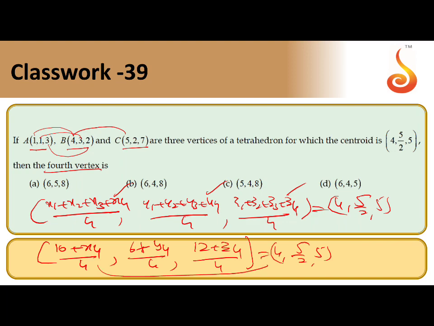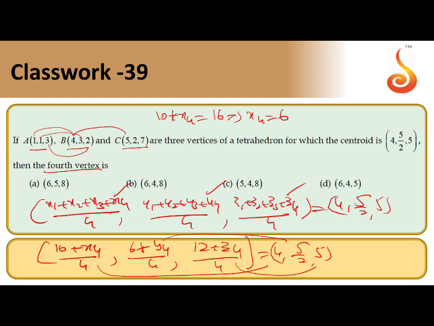Equate each one and solve for x4, y4, z4. The first one: 10 plus x4 equals 16, so x4 equals 6. Look at the options: which option is matching? 6 is here and here.